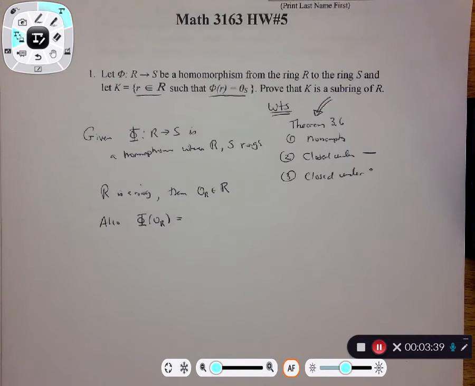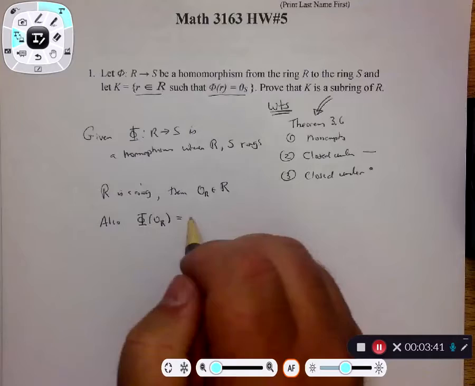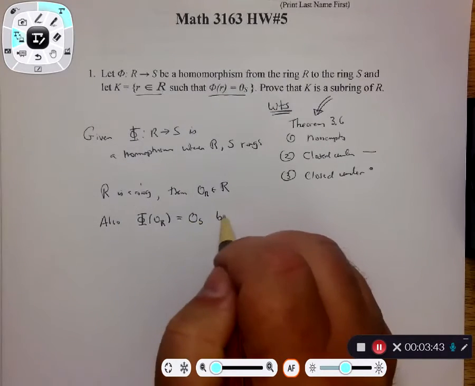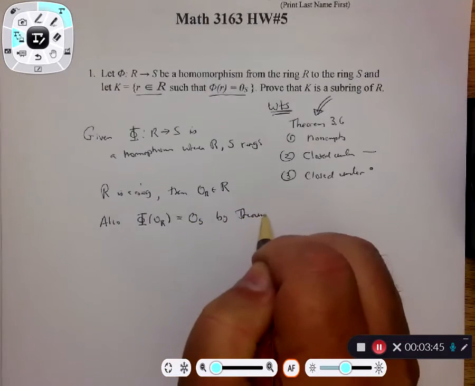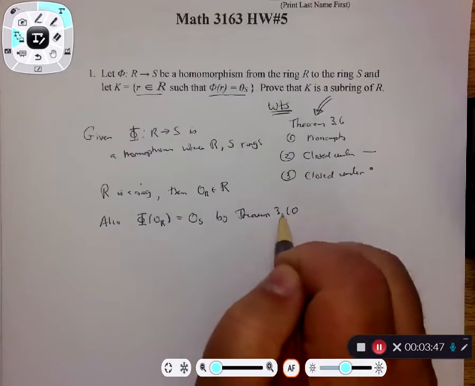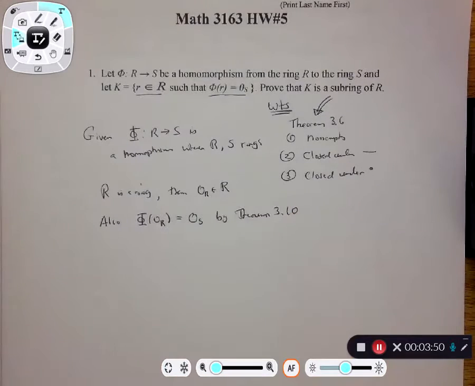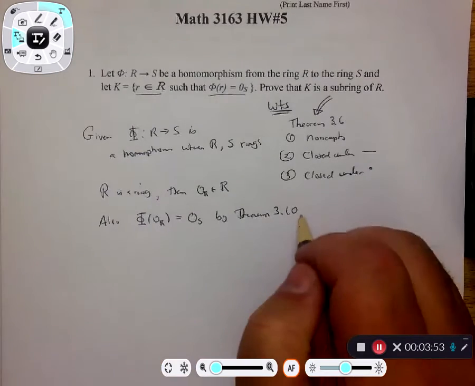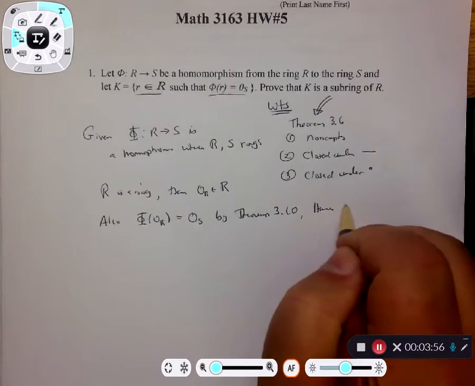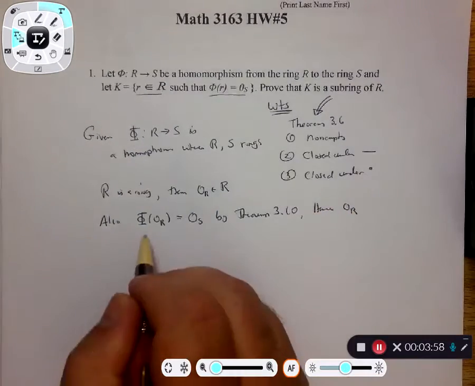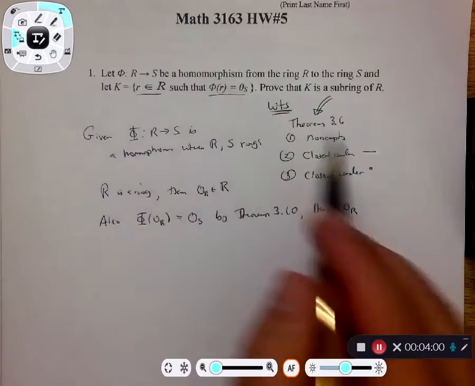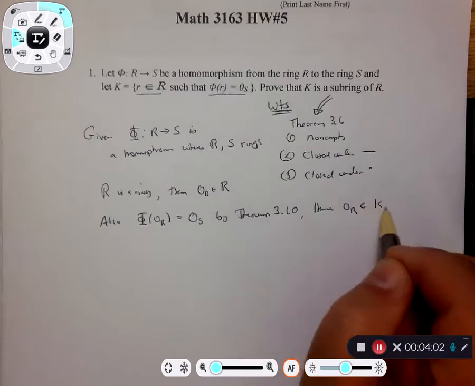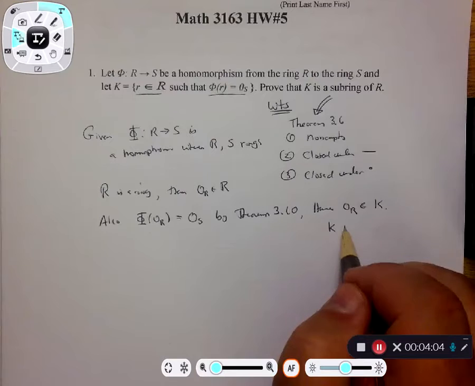That's Theorem 3.10. Phi of 0R is equal to 0s by Theorem 3.10. Zeros always map to zeros. Hence, 0R is an element of K, and K is non-empty.